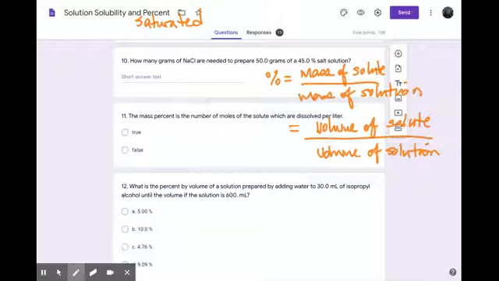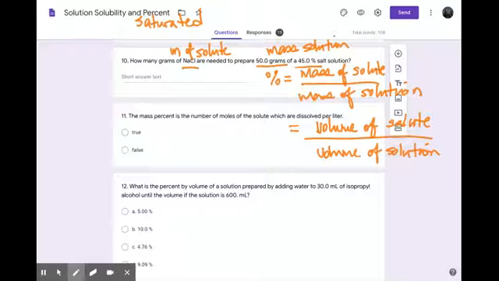So here, how many gram of sodium chloride? Sodium chloride here is a solute. Mass of solute. To prepare 50 gram, which is the mass of solution, of 45%, right?